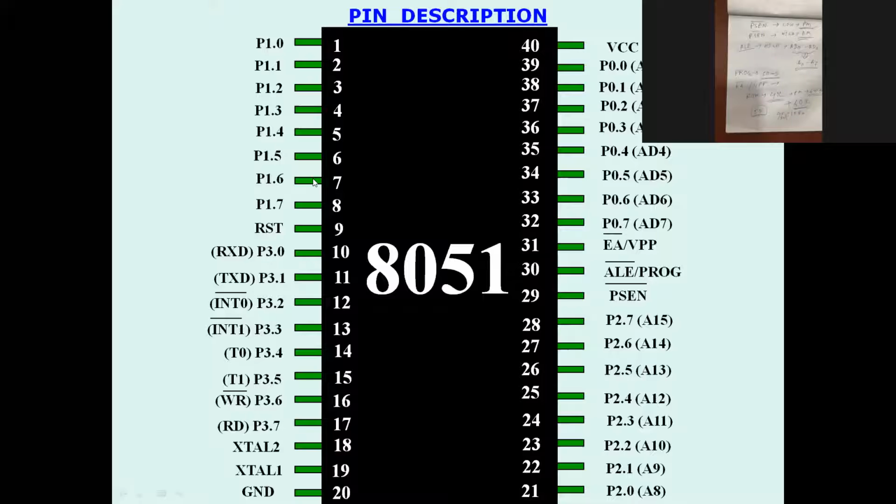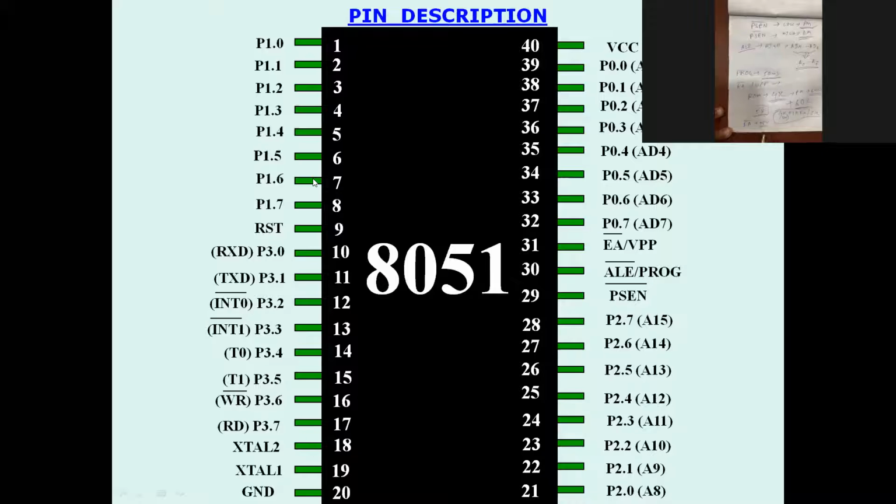Total 5K, 4K internal and 1K external. With the help of that 4K internal and 1K external, the total memory of 5K is fulfilled. In that particular case, EA bar is connected with plus 5 volt.